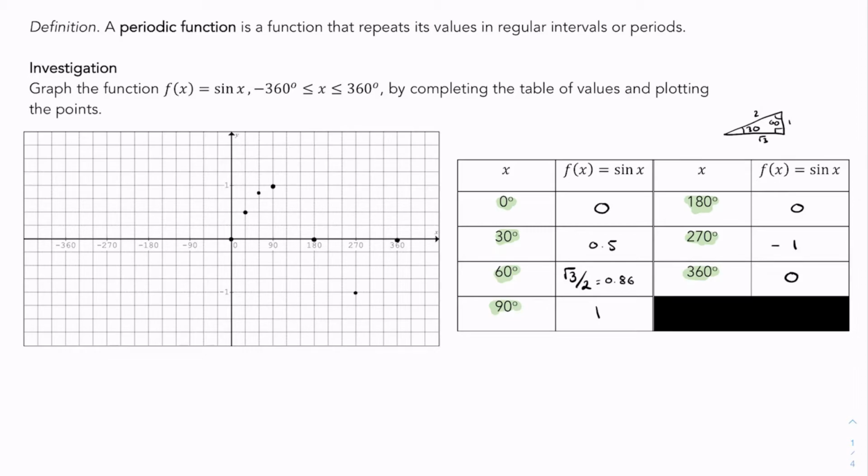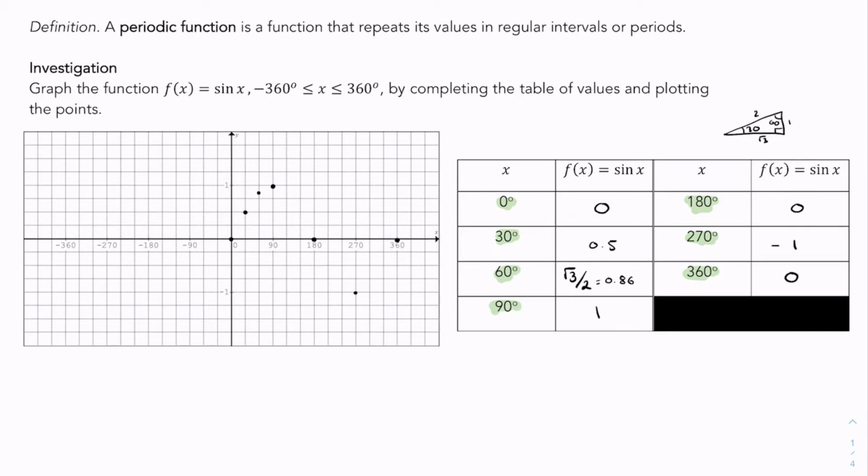Now, we've kind of skipped everything that is in between here, over here, and over here. And you can go ahead if you like and enter in the values of sine of 120, 150, 210, 240, 250.